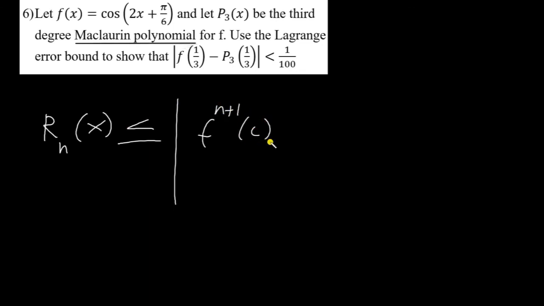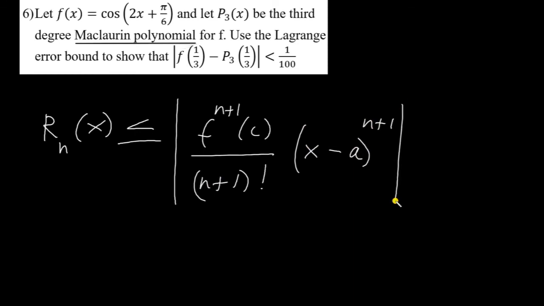First, let me write down the general formula for Lagrange error. If we want to find the error at some x, the error is less than or equal to the absolute value of the n plus 1th derivative at c, where c is some number, divided by n plus 1 factorial, times x minus a to the n plus 1.